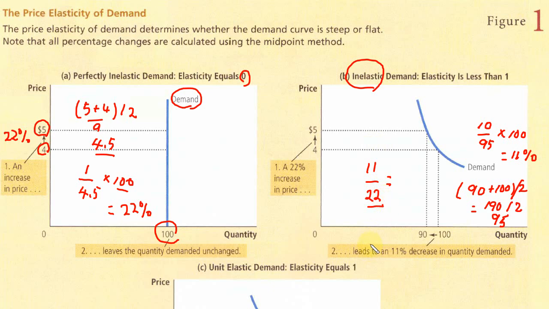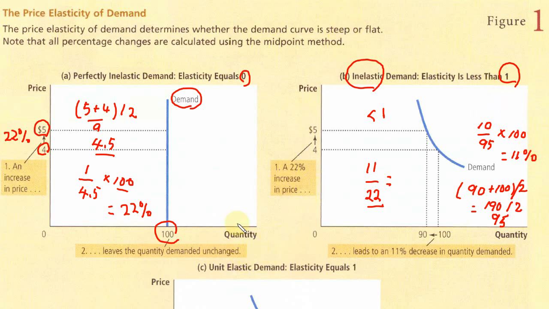So this is also less than 1, so this is inelastic. This is almost 0, less than 1, inelastic. Both of these are inelastic demand.